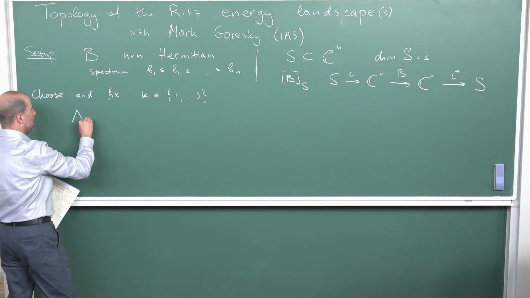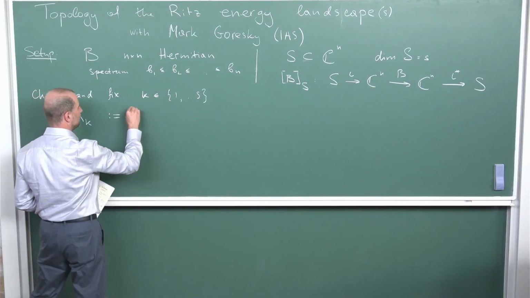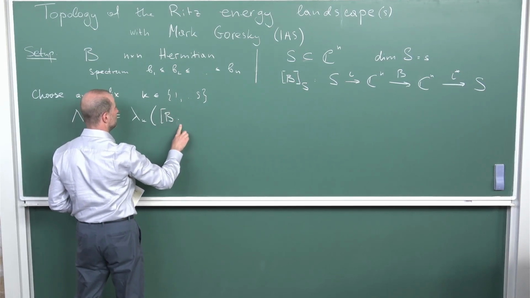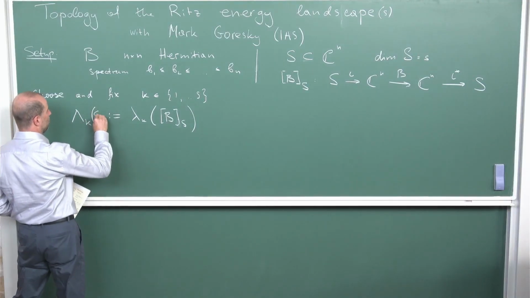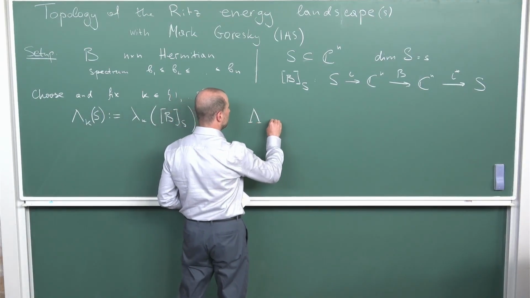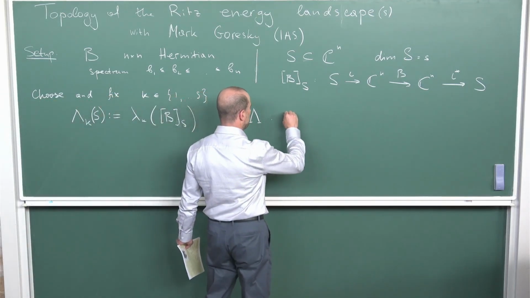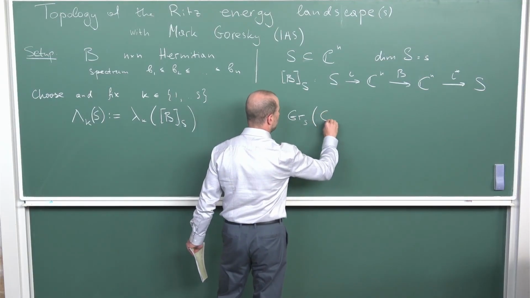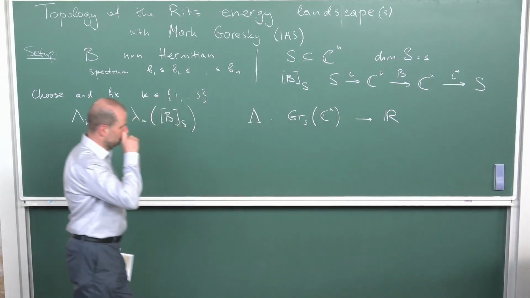I'll call it capital lambda K, and I want to consider it as a function of S. So now this lambda K is a function on all possible subspaces. All possible subspaces live in the Grassmannian of s-dimensional subspaces of Cn. And the eigenvalue I get is a real value.